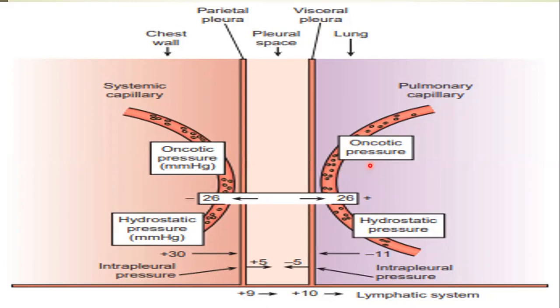So we have this what we call oncotic pressure. And again, oncotic pressure, I would like to put emphasis that this is brought about by proteins. Now, the main action of your oncotic pressure is to actually pull fluid. They pull fluid from the interstitial space or from the cavity towards the blood vessel.